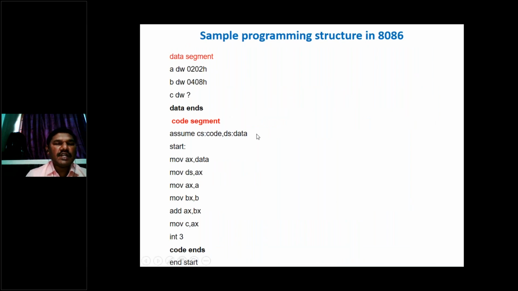And here you can see the program structure in 8086: the data segment, code segment, and AX, DS, BX, which are different types of registers. MOV and ADD are called different types of instructions. The program is stored in memory, and one by one it is fetched by the bus interface unit and put in the code segment.